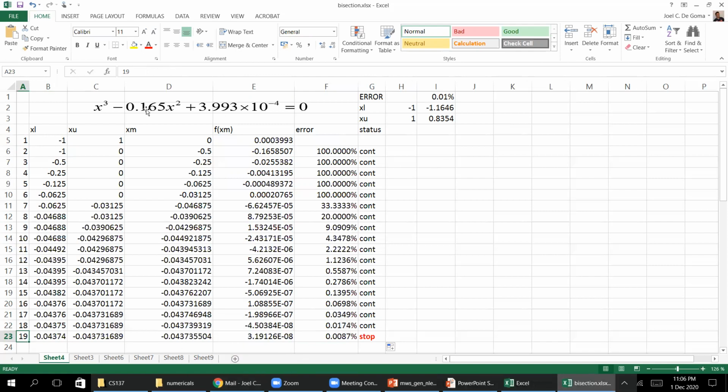Then the x sub m, this is the result. This is the answer, negative 0.0437355504, which is acceptable.